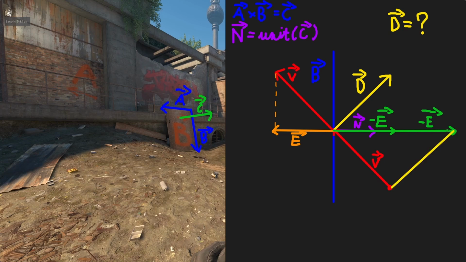Now it's clear how we can obtain our vector d. Using the geometric definition of subtraction, we see that vector d is equal to v minus 2e.